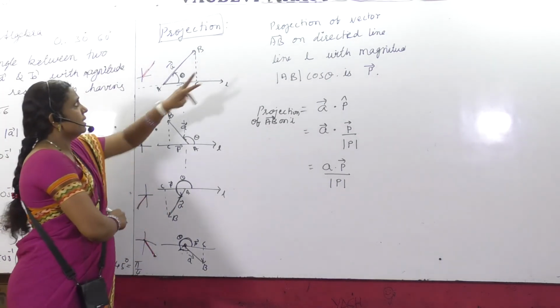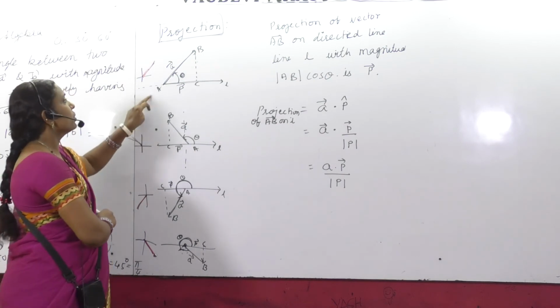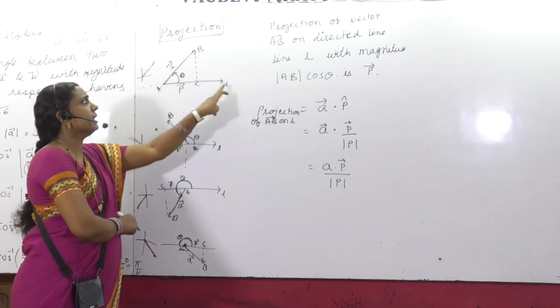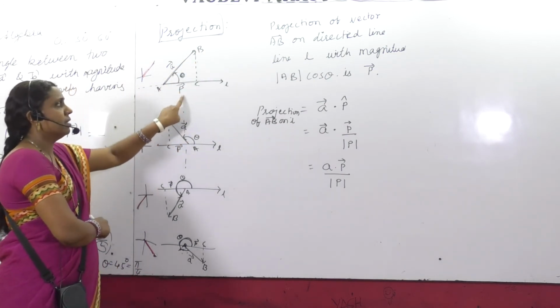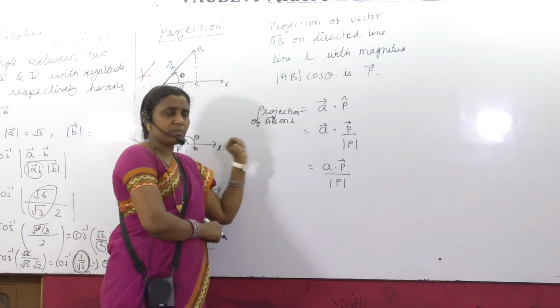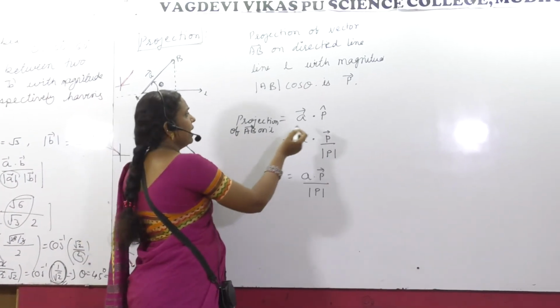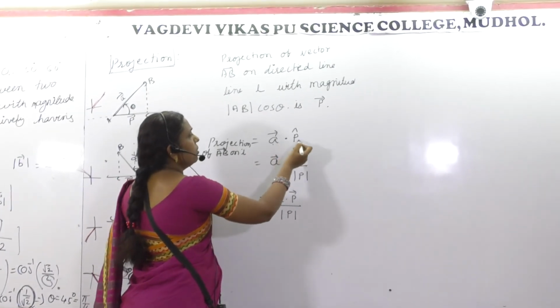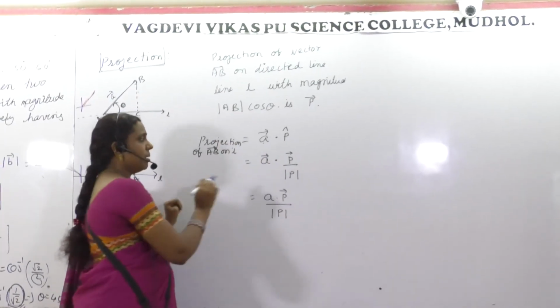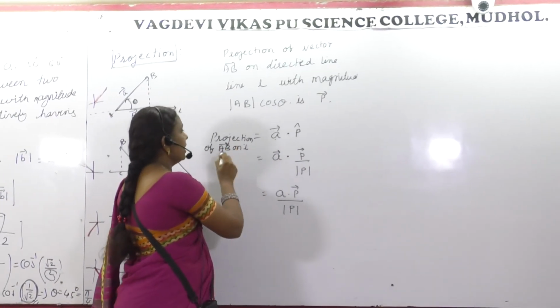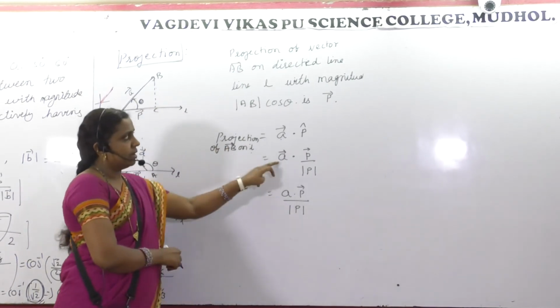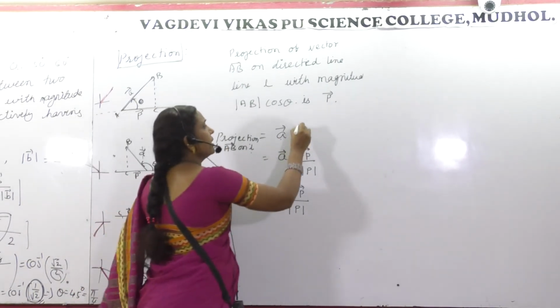So this is what is mentioned in words. Projection of AB on a directed line L is P. And a simple formula to find the projection of AB on line L is A dot P. This is the formula to be applied if the projection of AB on L is asked. This P is a unit vector.